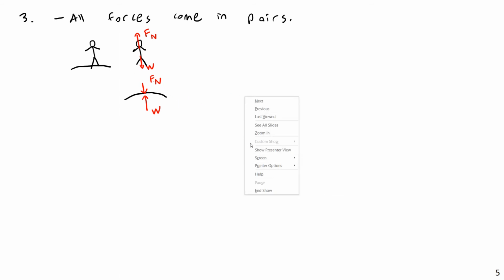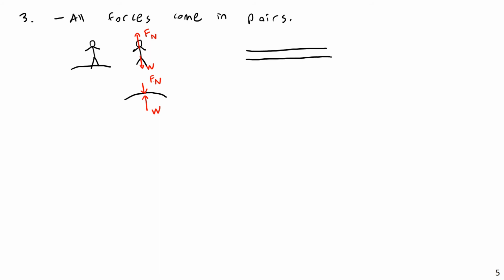Now this is kind of a trivial example, just a single object sitting on the surface of a planet. But for more complex objects or things like frameworks, this will be very important later in the semester. So for example, we'll have systems where maybe there is a rod, and then there's a pin joint, and then there is another rod like this.